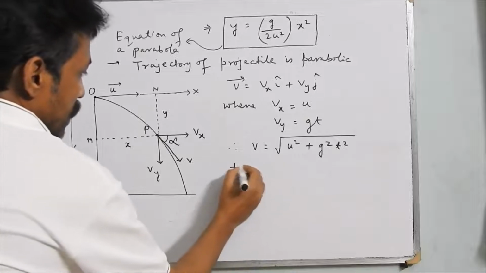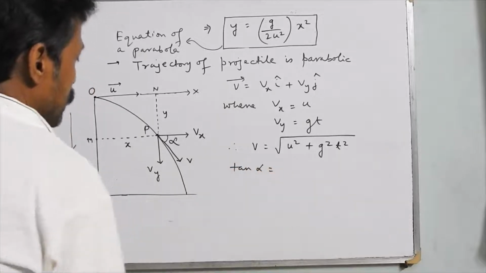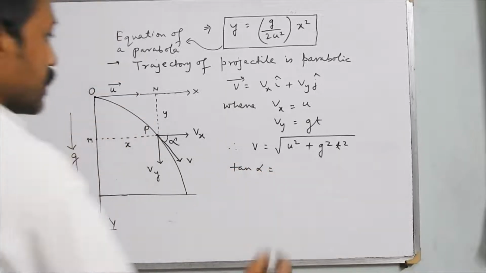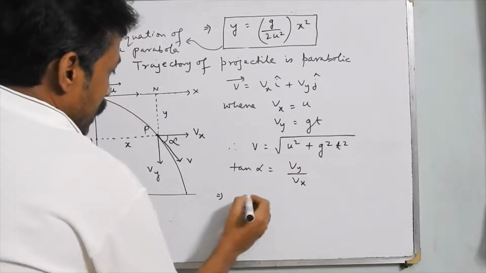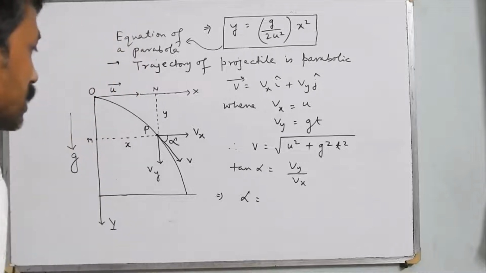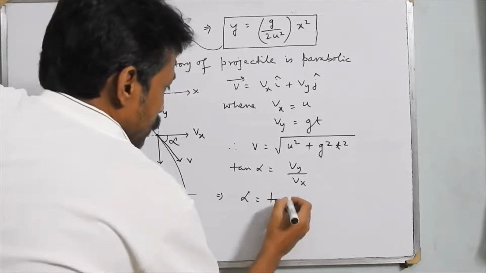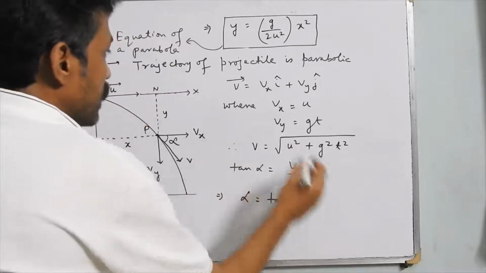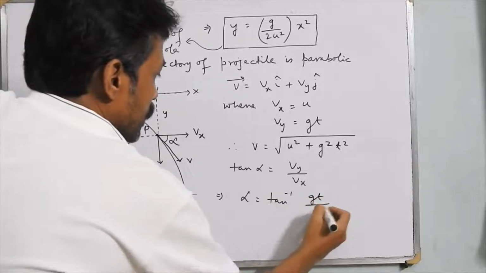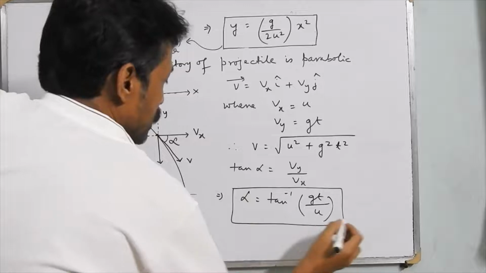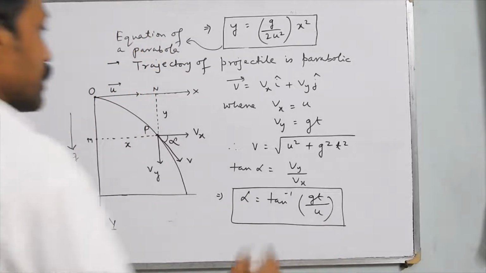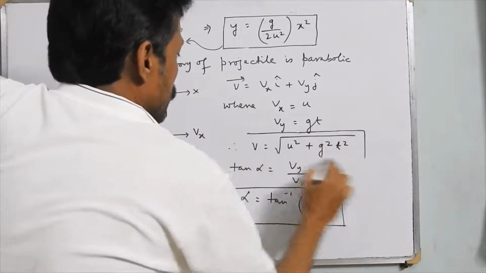So we can write tan alpha is equal to Vy by Vx, so that the angle made by the velocity vector with the horizontal is tan inverse of Vy, which is gt, over Vx, which is u. So that will be the angle made by the velocity vector, and this will be the magnitude of the velocity vector.